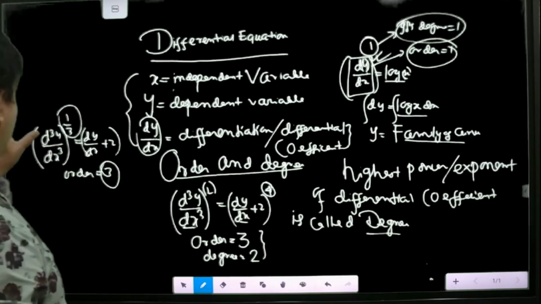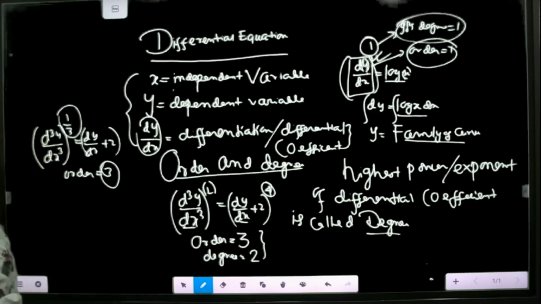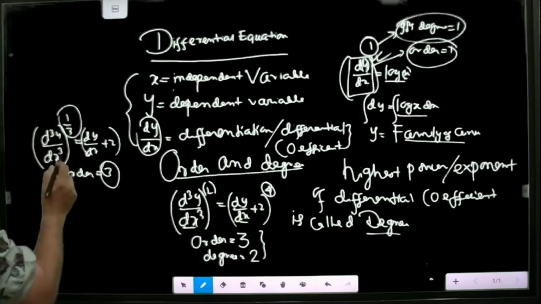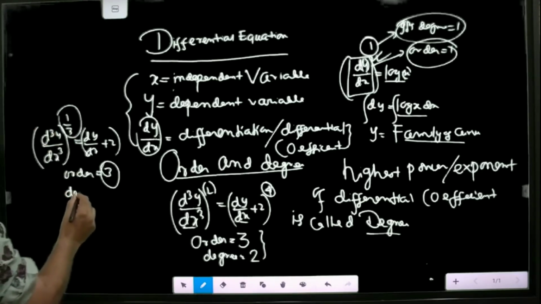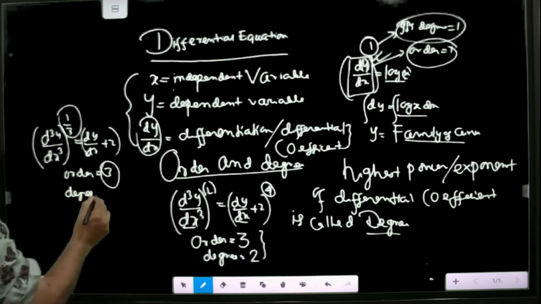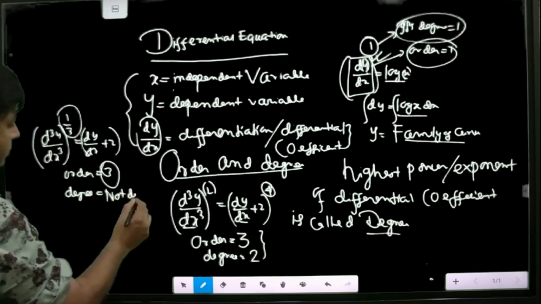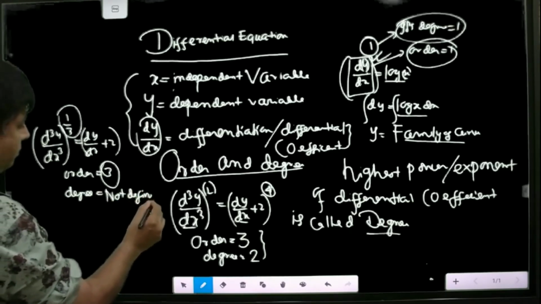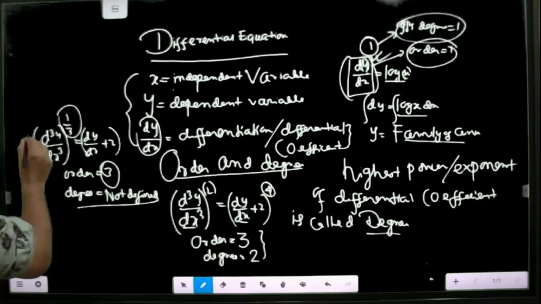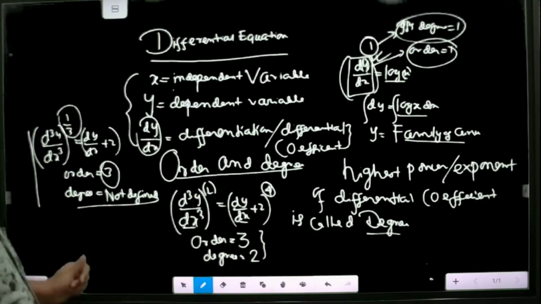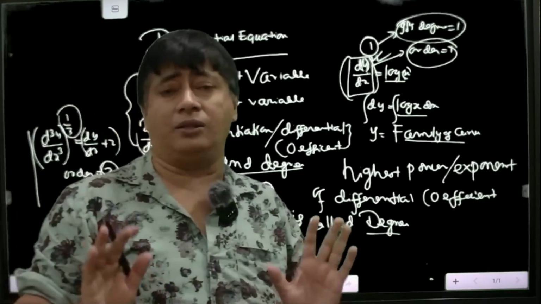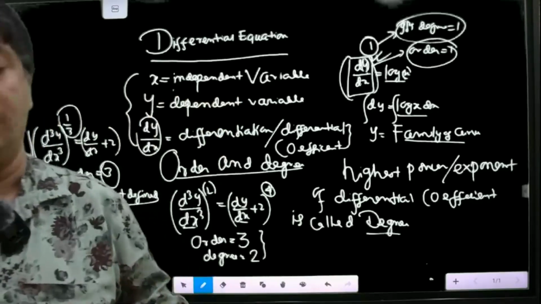So in this case, degree will not be defined. So this is the concept of order and degree.